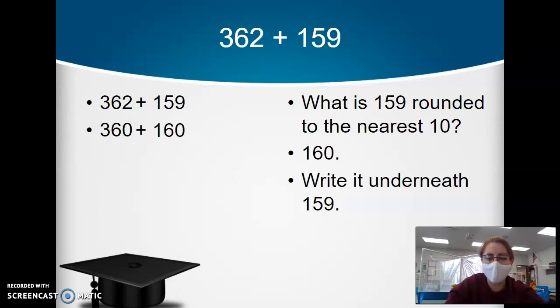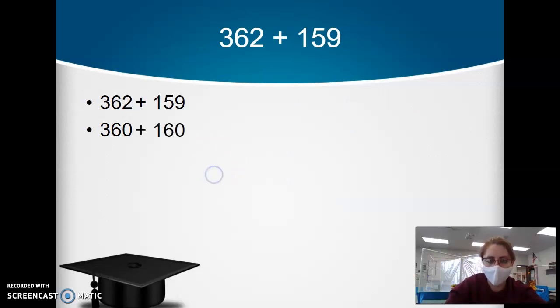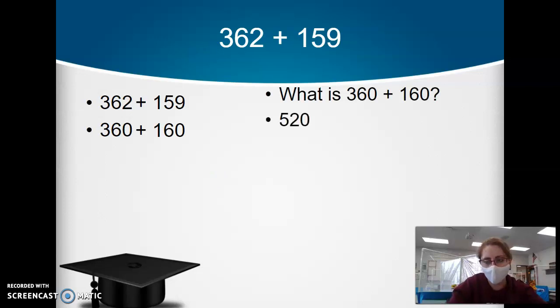What is 360 plus 160? Solve that. Ready? The answer is 520. 6 plus 6 is 12. Carry your 1. 3 plus 1 is 4, plus 1 is 5.